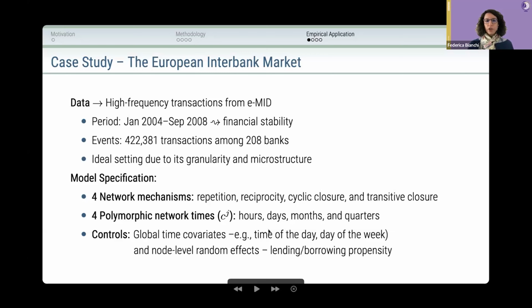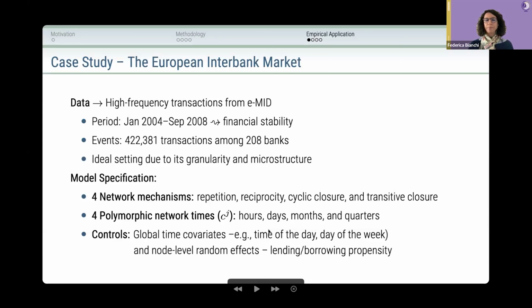We consider the stream of high-frequency transactions that occurred on the electronic market for interbank deposits, which is a regulated segment of this market, namely a segment where transactions have been properly recorded. Those transactions are high frequency, and in the period we analyze, which is a period of market stability, they are very high frequency.